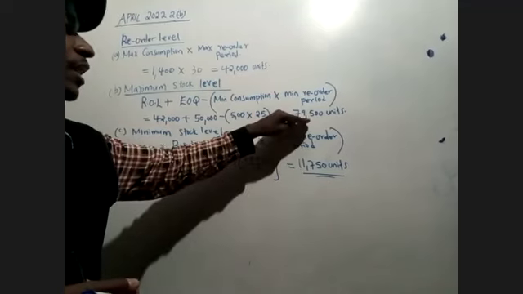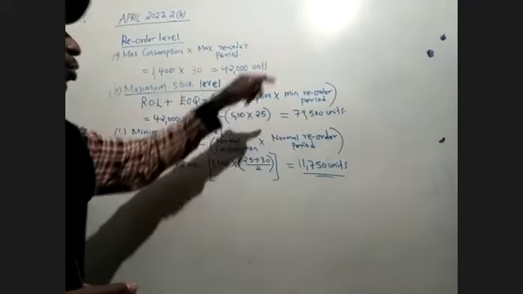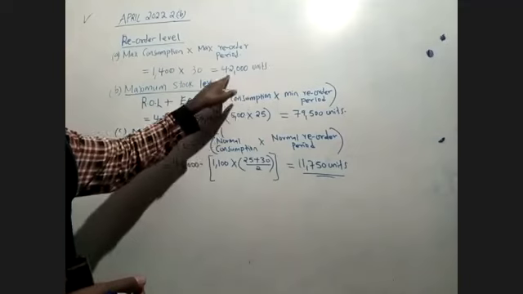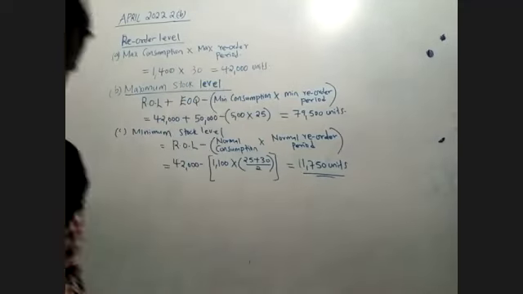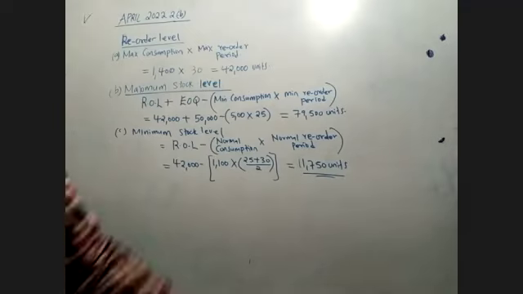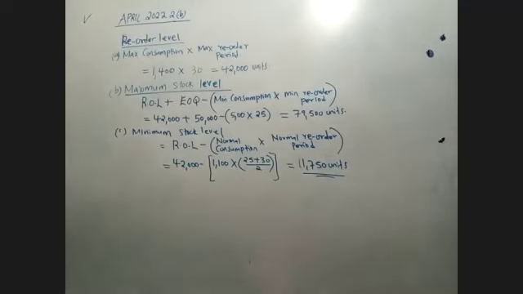Ukiwa na more than 79,500, you are overstocked. Any within this point is the most recommended amount to order when the amount is below 11,750. That one is question number 2B.